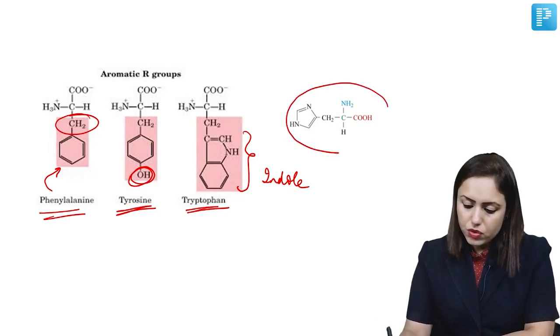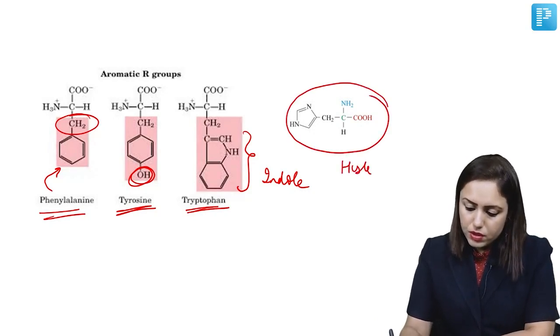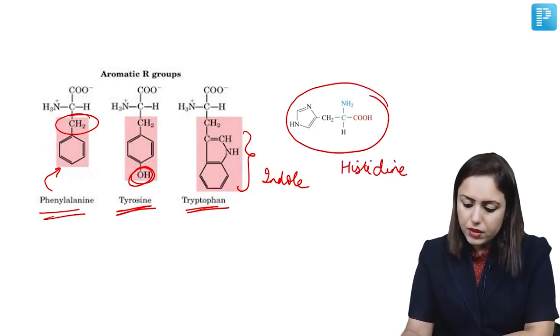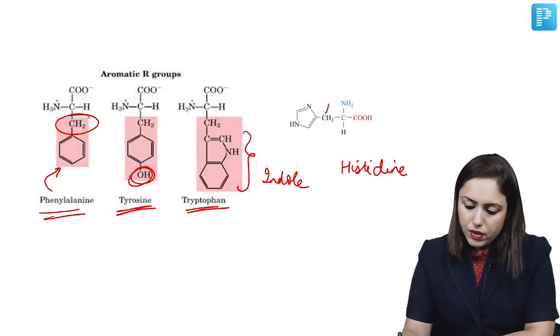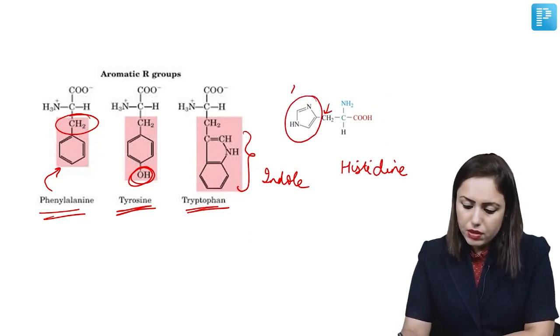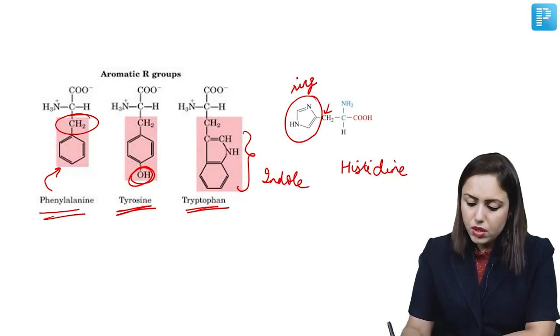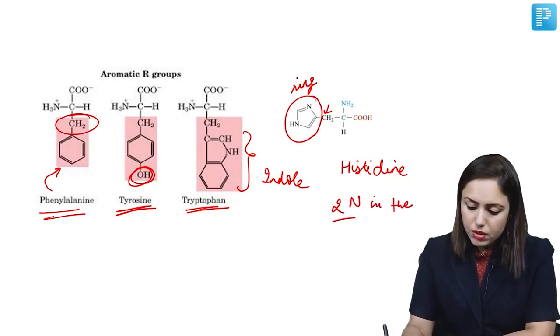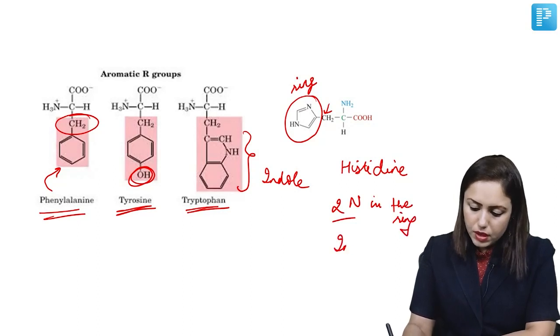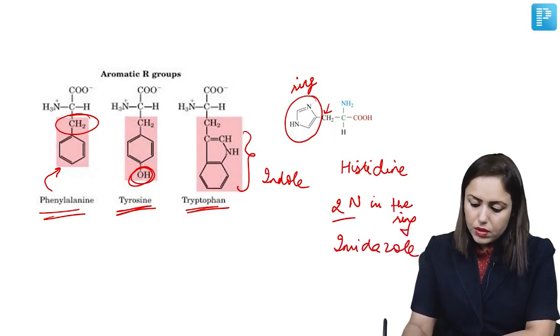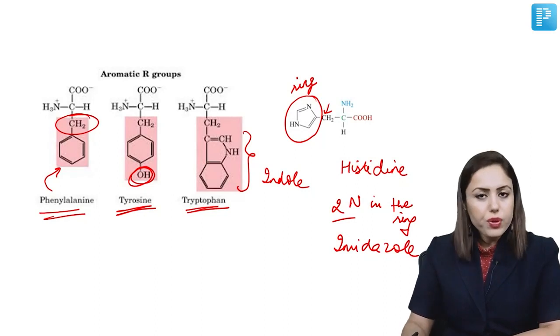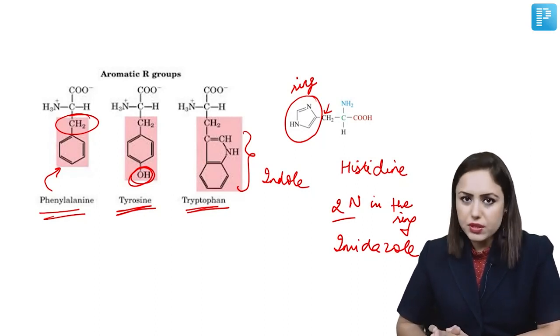Then this is the structure of histidine. Histidine has a side chain with one carbon and a ring, the ring having two nitrogens, that is the imidazole ring. Because of this imidazole group, histidine has good buffering capacity.